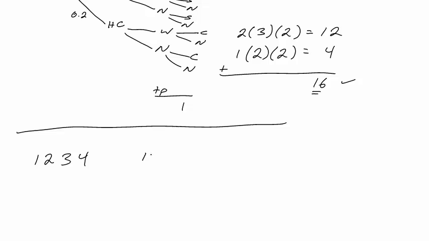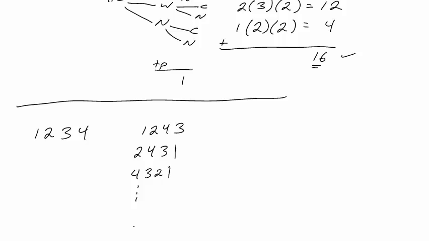So I could have 1, 2, 4, 3, so just rearrange those numbers. I could have 2, 4, 3, 1, 4, 3, 2, 1, and so on. So all these different arrangements. And when I look at the number of ways that I can arrange these 4 numbers in a given order, I have, for the first slot that I go to fill, I'm going to have 4 choices.